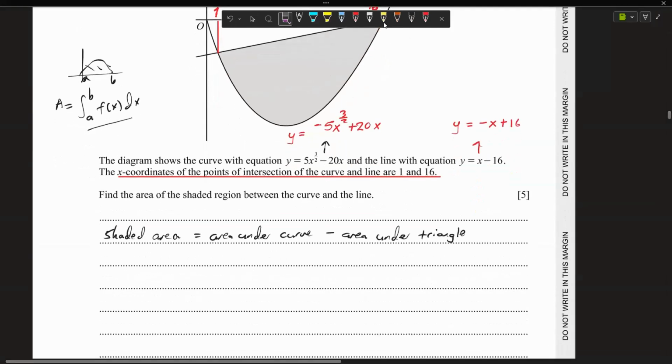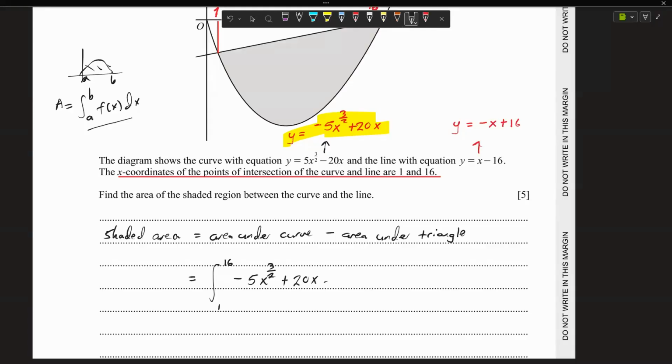For the area enclosed by the curve, it's simply the integral, right? From 1 up to 16. And we are making use of this equation. So basically that's minus 5x to the 3/2 plus 20x.